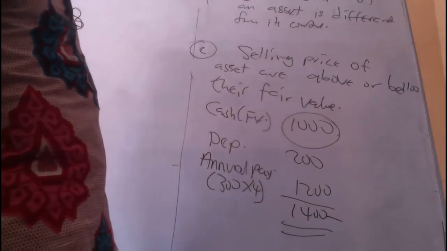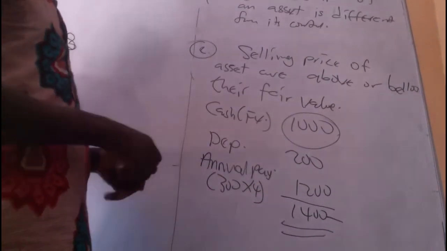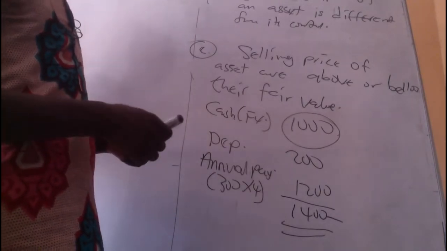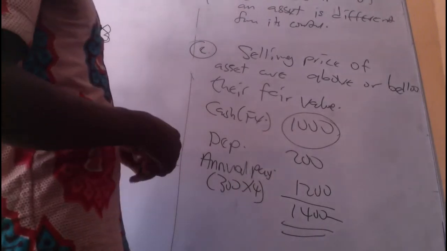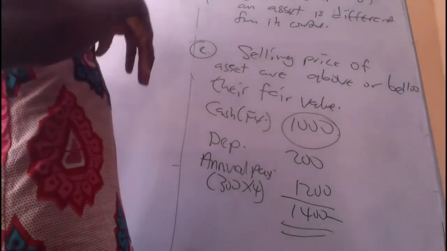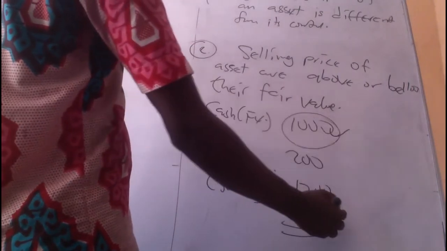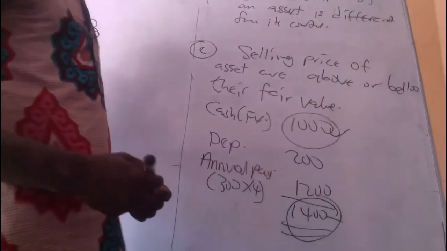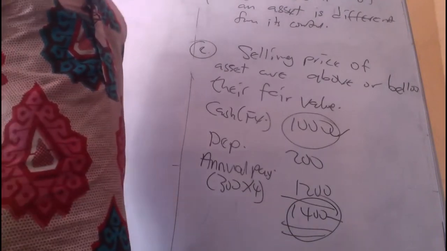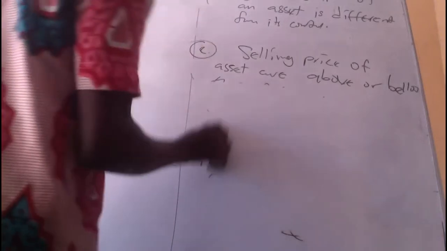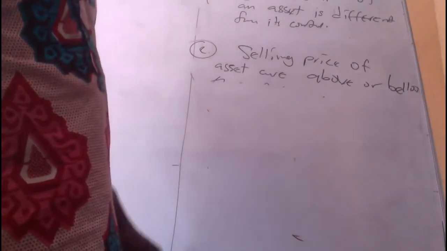Or you can also use inventory as an example. I sold the inventory to you for 1,000 Ghana cedis, meanwhile the price of the inventory was actually 1,400. So take note of it. Good. Now let me give the second example.